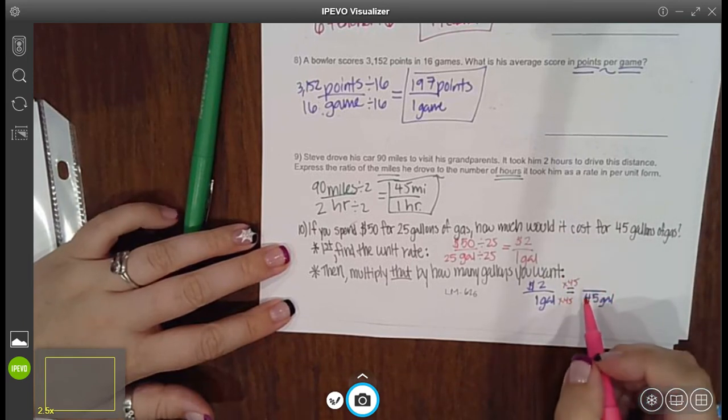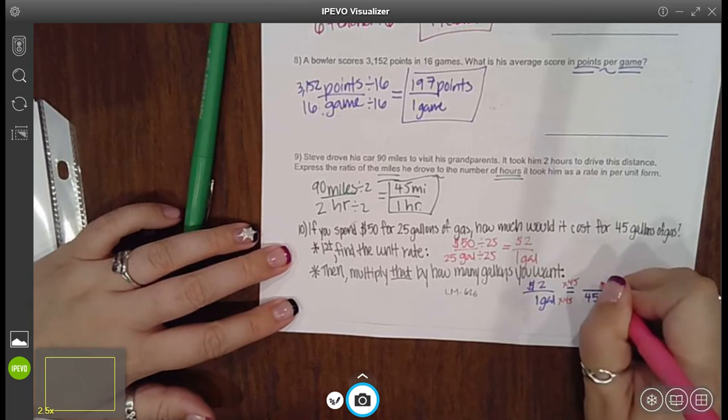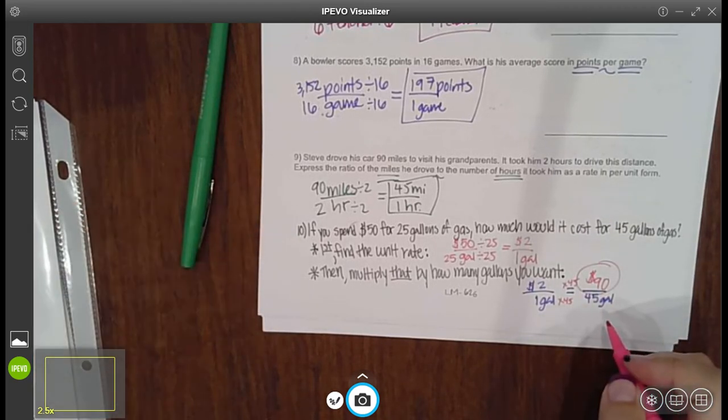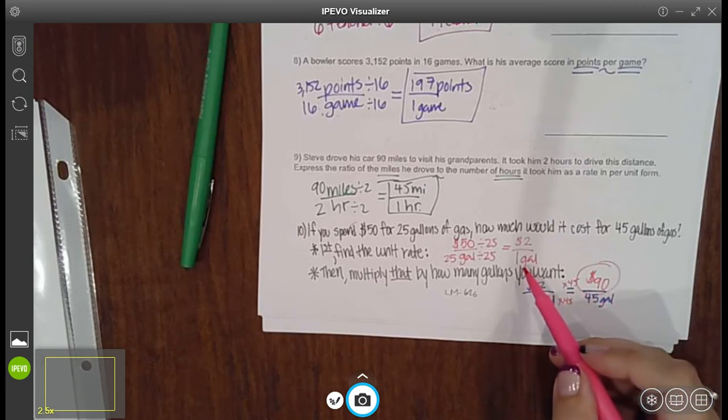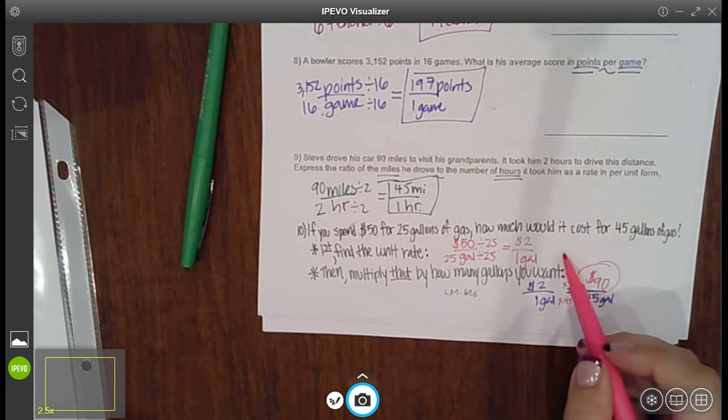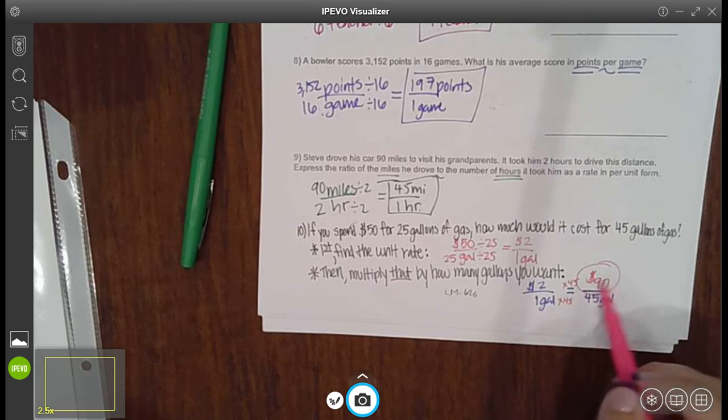And then do the same thing on top. So 2 times 45 is 90. It costs $90 for 45 gallons of gas. So if you find the unit rate first, how much it is for 1 gallon of gas, then you could multiply it times 45. And 2 times 45 is $90. So that's how we could use the unit rate.